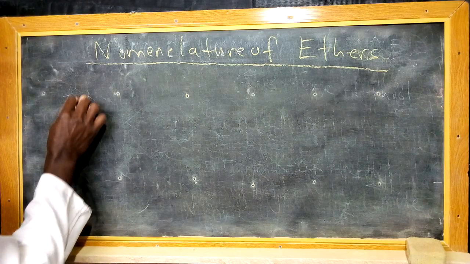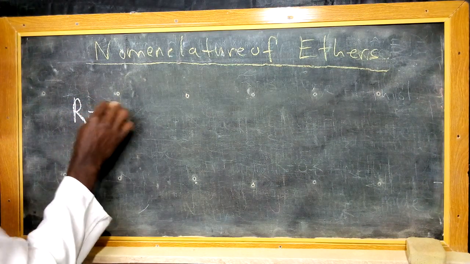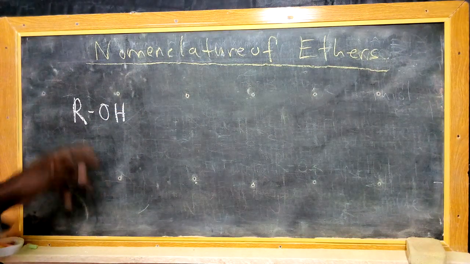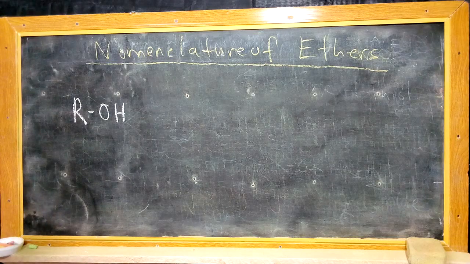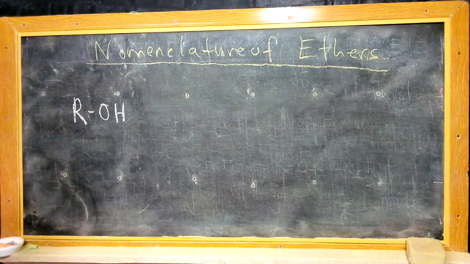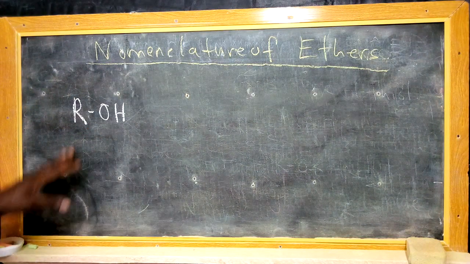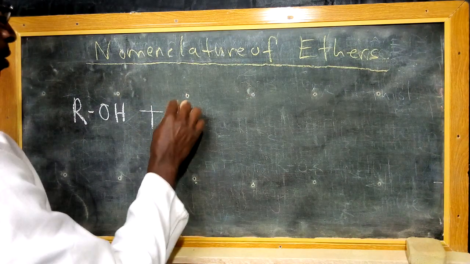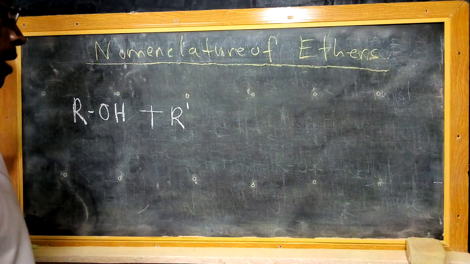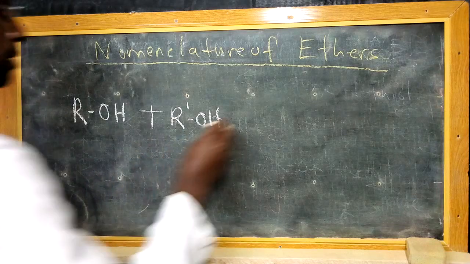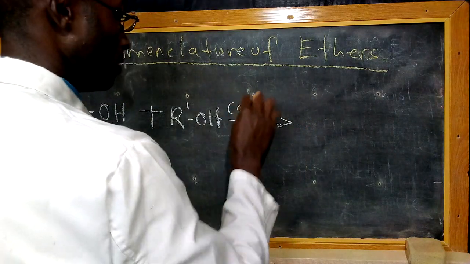Let's give R-OH as the first alcohol, whereby R denotes a radical, which can be methane, ethane, butane, etc. If it's methanol as the first member, then ethanol, etc. So that's the first alcohol, and then we have a different one, R prime OH, another alcohol, which are reacting under the condition of concentrated sulfuric acid.